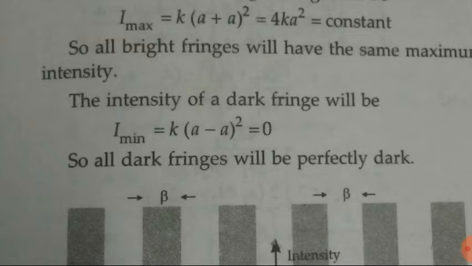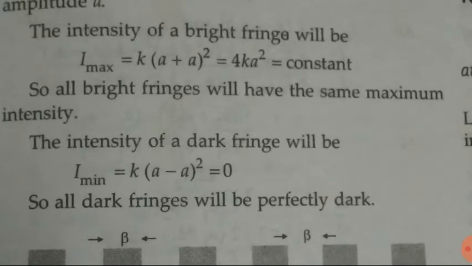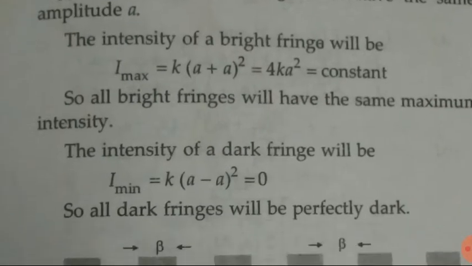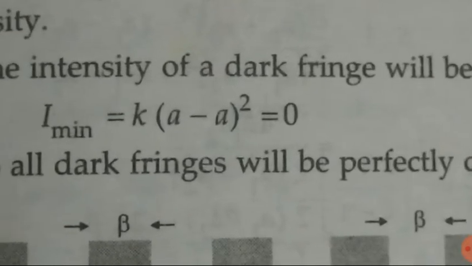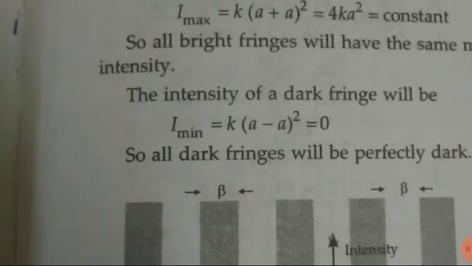So here I minimum is 0, that means the dark fringes will be perfectly dark. In I maximum we get 4K A square, which is constant, okay. So we get a constant energy for all the bright fringes, so they all will have the same kind of brightness. And for the dark fringe we get intensity equals 0, so all the dark fringes will be perfectly dark.